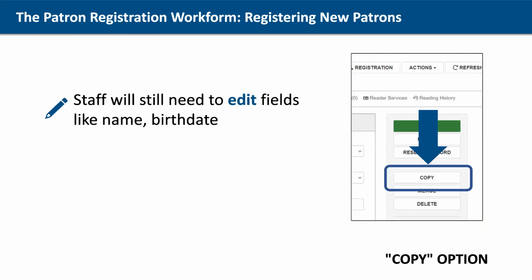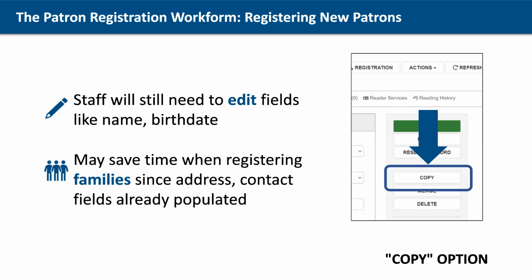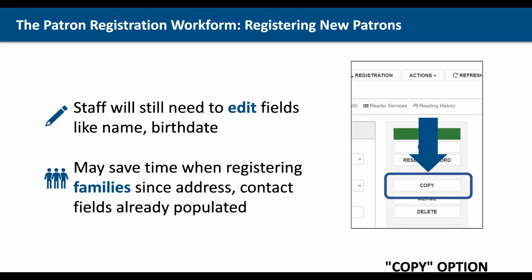But if you're creating cards for very small kids and the parent is using their own contact information for the kids, you'll already have things like the address, the phone number, email address, and notification preferences set up in the record. So depending on your situation, this button may or may not save you some time. Yes, very useful for signing up large families with kids.